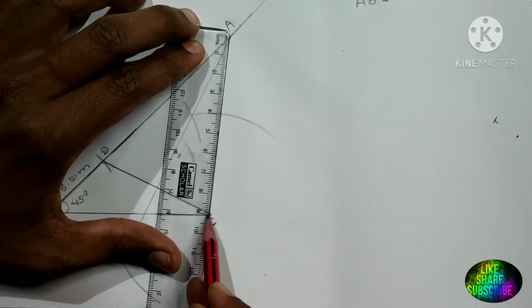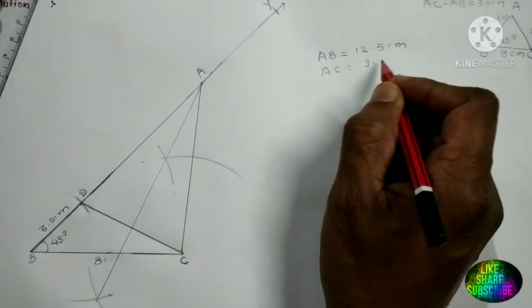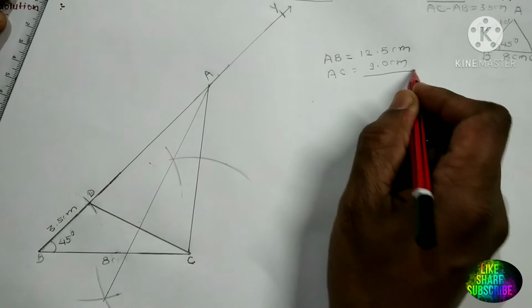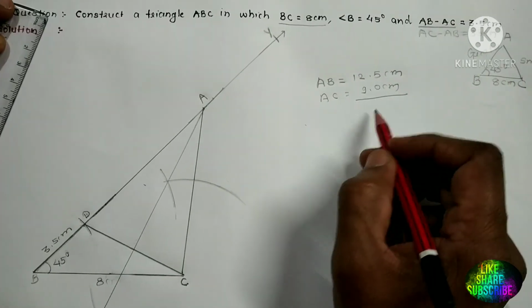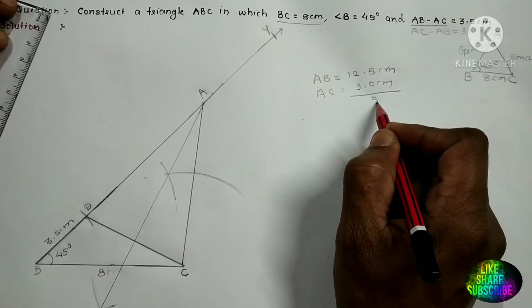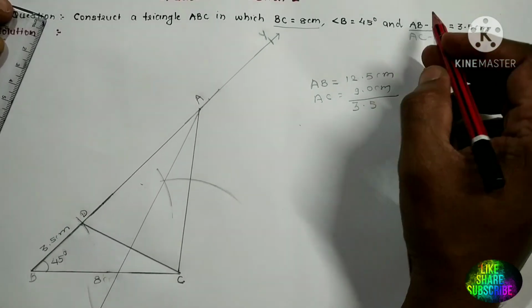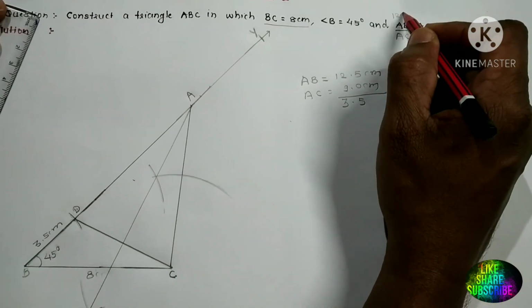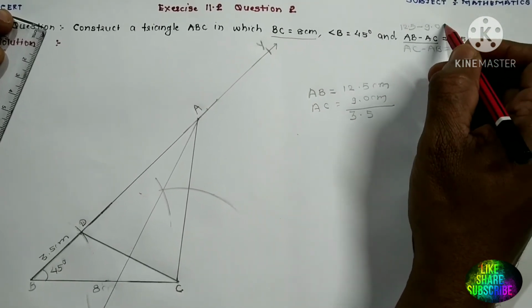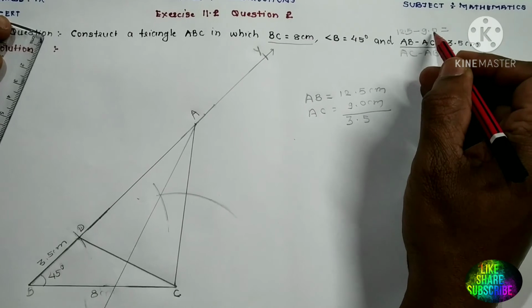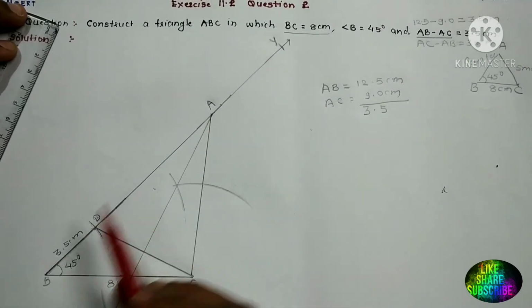So this is exactly 9. So AC is equal to 9.0 centimeter. So if we subtract AB minus AC, we should get 3.5 centimeter. So 5 minus 0 is 5, 12 minus 9 is 3. So 3.5 centimeter we are getting here. So this was 12.5 centimeter minus AC, which was 9.0. If we subtract 12.5 minus 9.0, we are getting 3.5 centimeter, and this is the required triangle ABC.